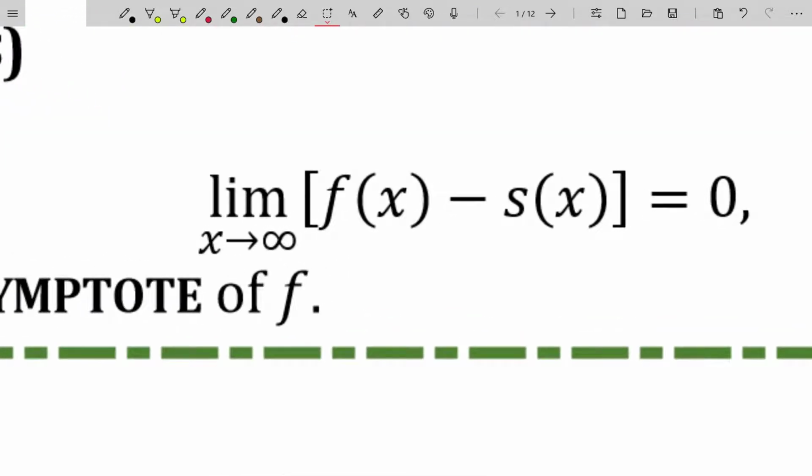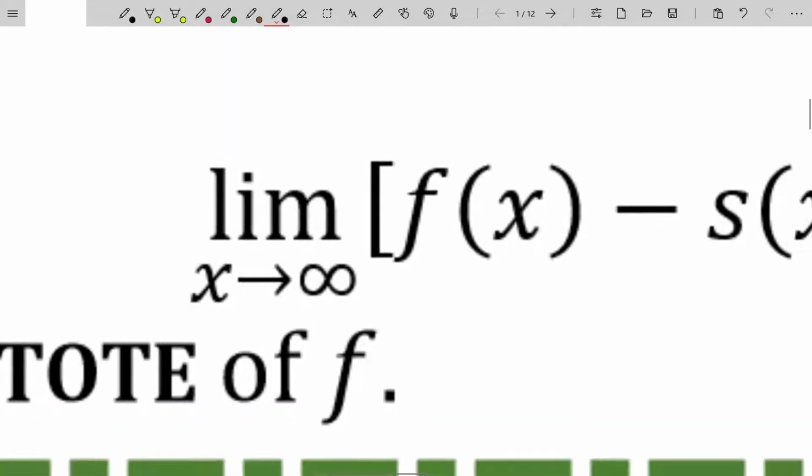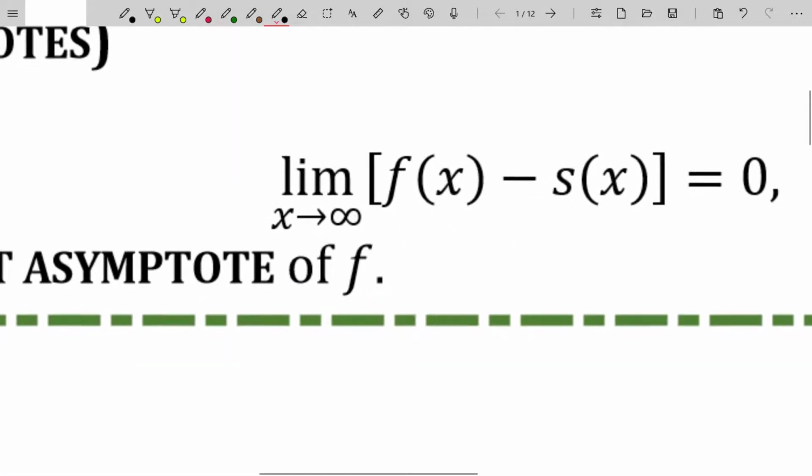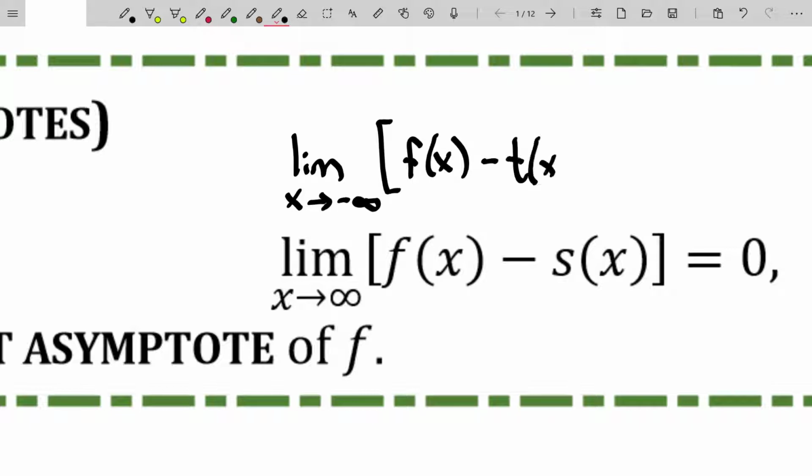Now, like I said, there's a slight modification here because let's say there's a different function t such that the limit as x approaches negative infinity of f of x minus t of x ends up being 0. Then t is called a slant asymptote as well, just in the negative direction.